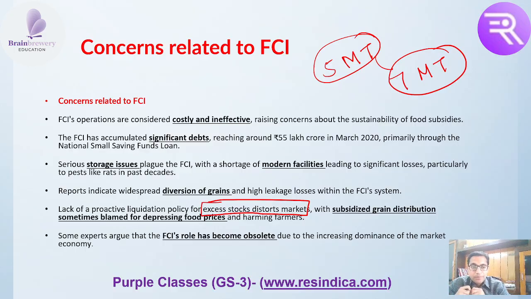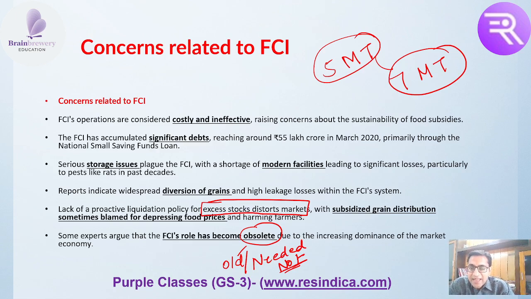And there is also the concern that the FCI role has become obsolete. That means it has become very old and it is not needed, because as every country is moving towards the market economy, controlling the food grain, releasing the food grain, and managing the prices is not going to work in the future.